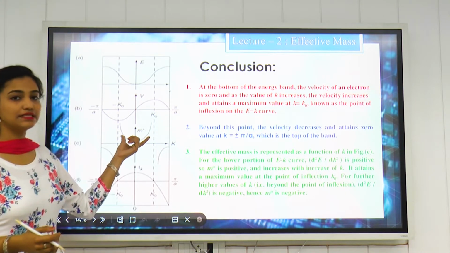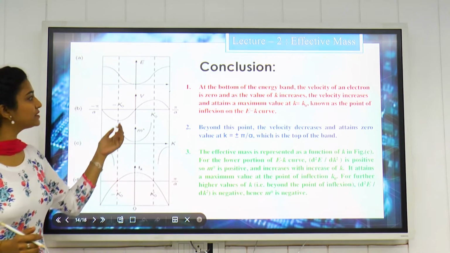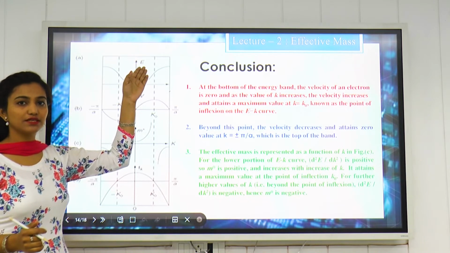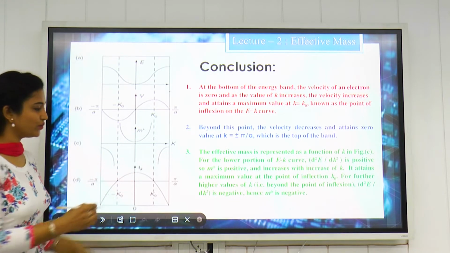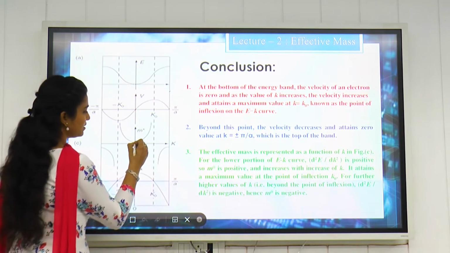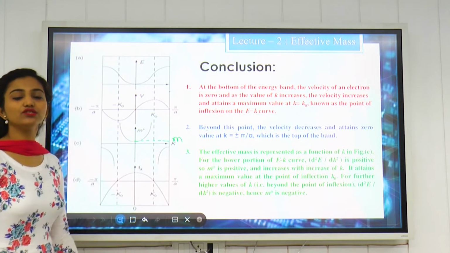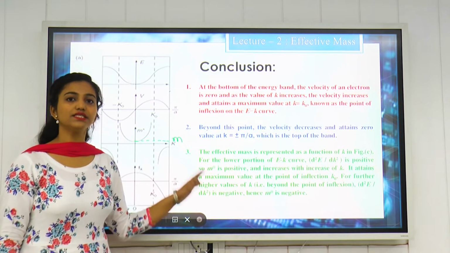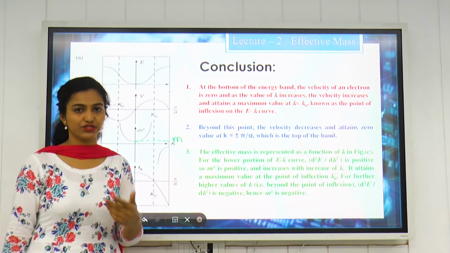Now we have the mass. Mass is actually related to d2E by dk square, that means the double derivative. And when k is equal to 0, this is having the mass equal to the rest mass of the electron, that is small m, 9.1 times 10 raised to power minus 31 kg.